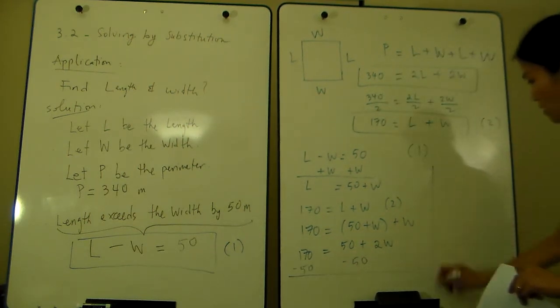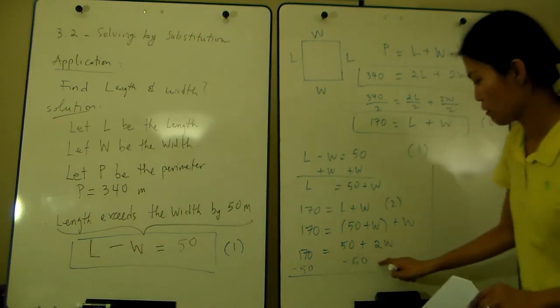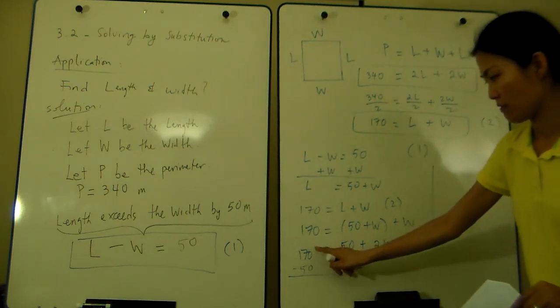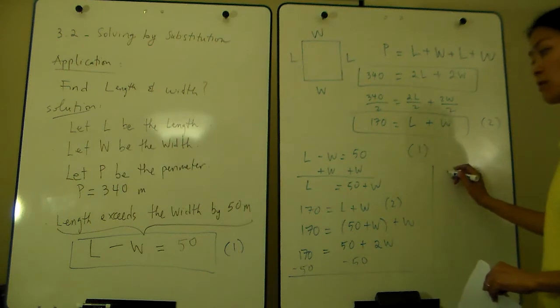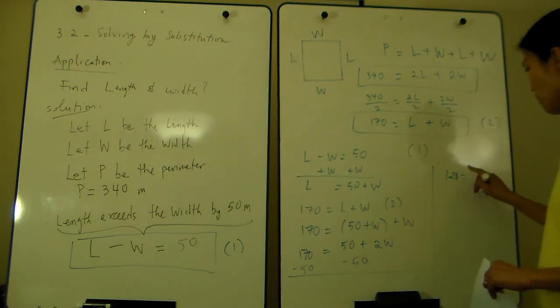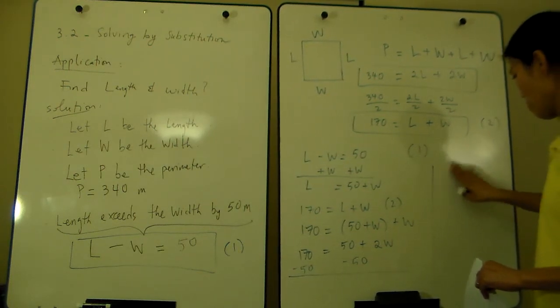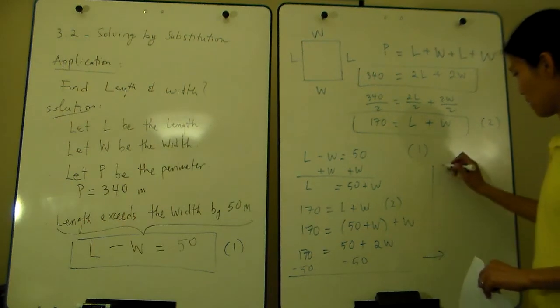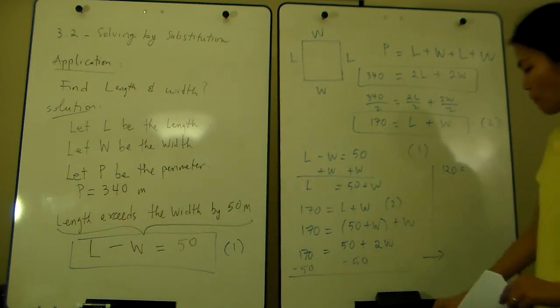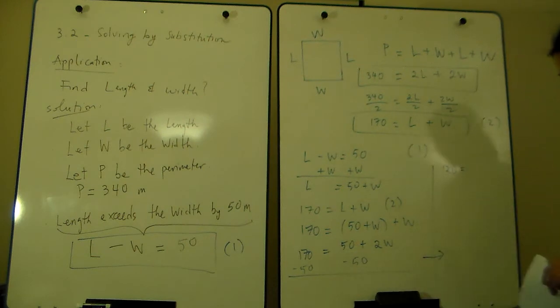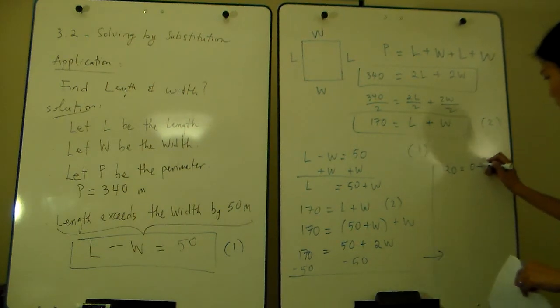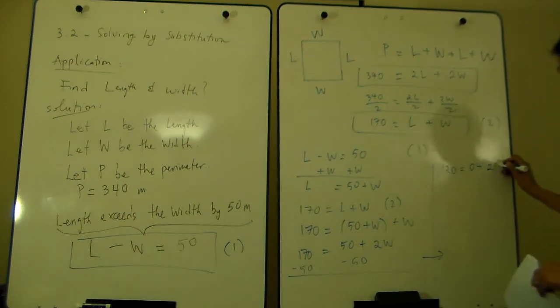If you subtract 50 on both sides, you should get 170 minus 50, which is 120, equal to 50 minus 50, which is 0, plus 2W.